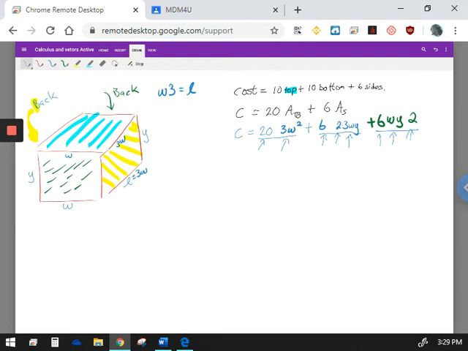Let's clean this up a little bit. And let's say that our cost function is 60 w to the third plus, what's that going to be? 12? It's not to the third, it's to the second. Thank you. I would have gotten that wrong. Appreciate that.